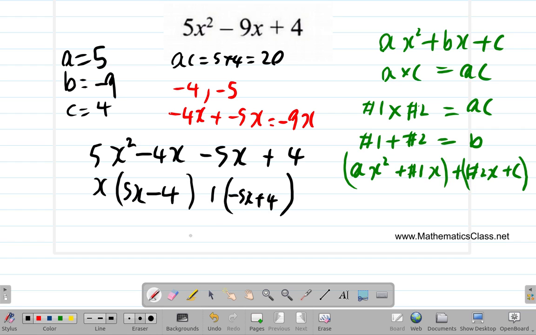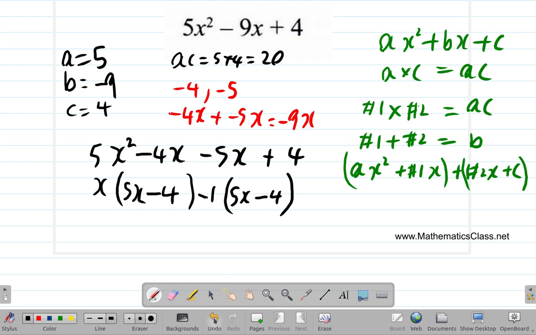And as I said before, you're supposed to have the same thing in the brackets, and they are not the same. So you're going to make a bit of a change here. Put a negative 1 outside the bracket. Negative 1 divided into negative 5x gives you positive 5x. Negative 1 divided into 4 gives you a negative 4.